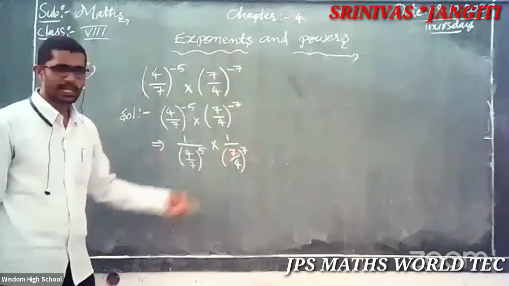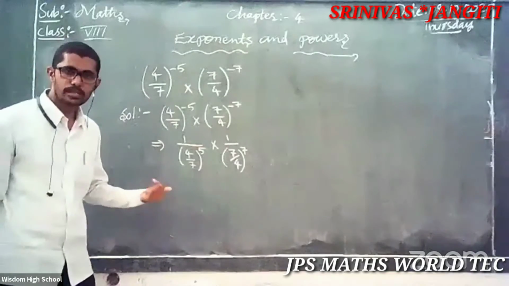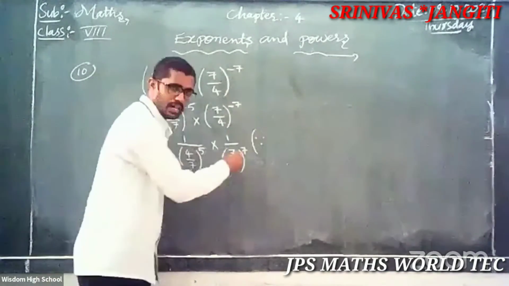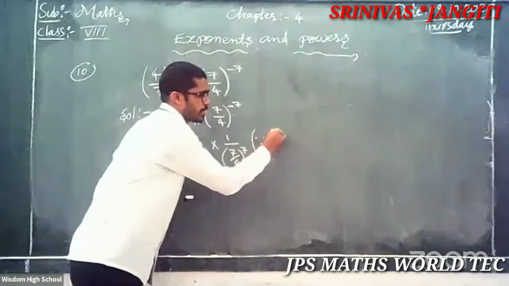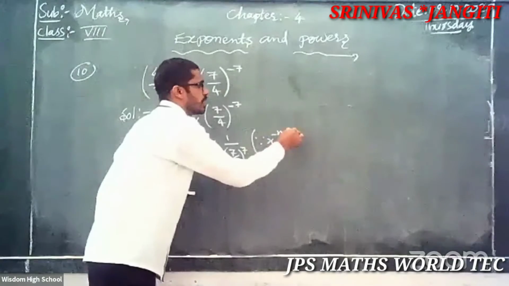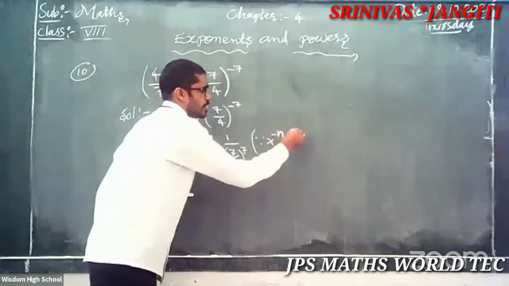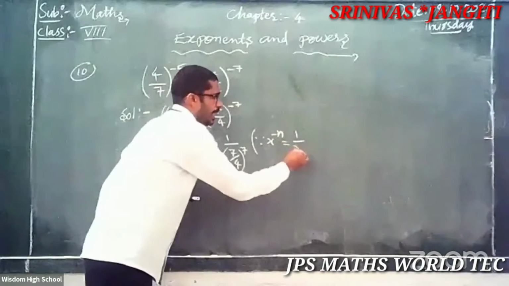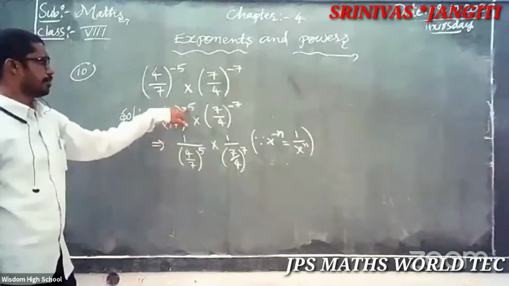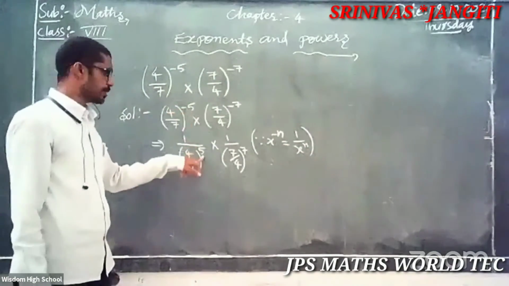Here minus, here plus. Why is this? Yes, very good students. What is the reason? x to the power of minus n, you know x to the power of minus n? That is equal to 1 by x to the power of n. Any problem in this? Here minus. So what do you get?